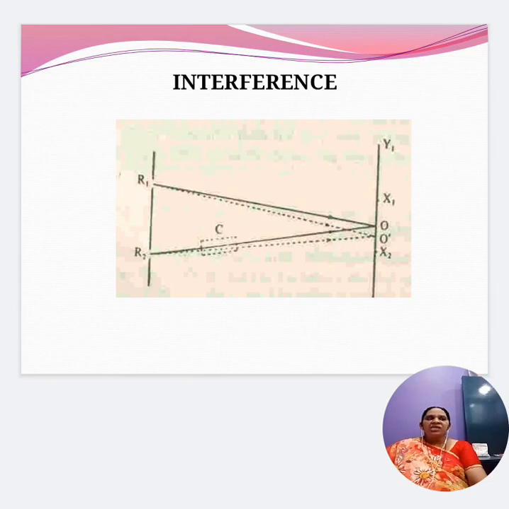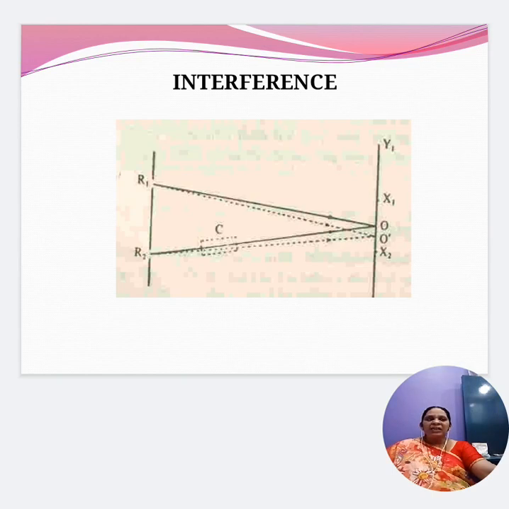When the material is placed in the pathway, the velocity of light decreases. What happens to the velocity? The velocity decreases.